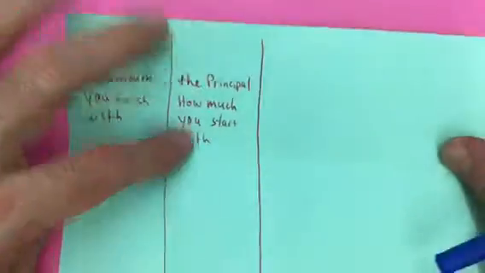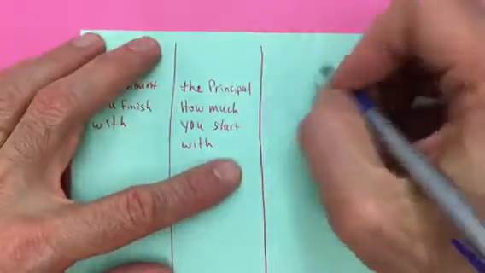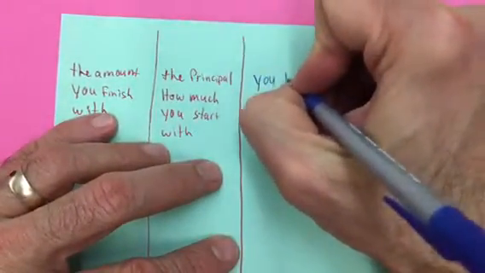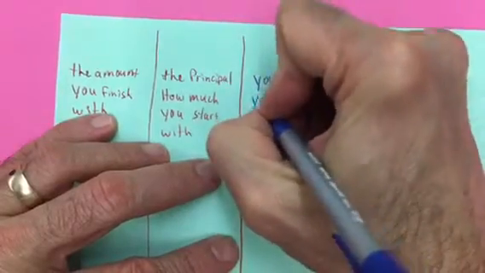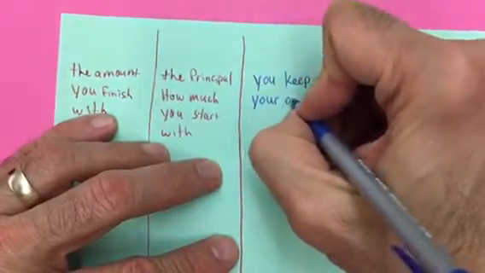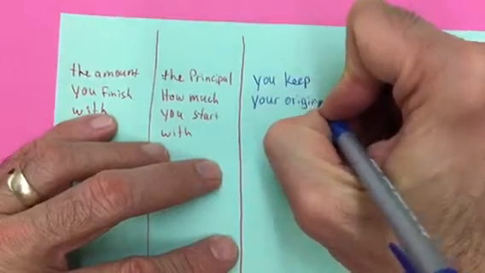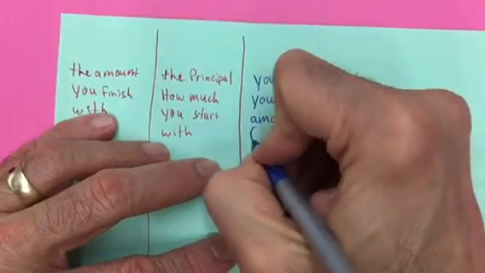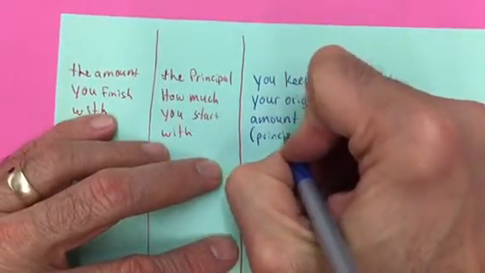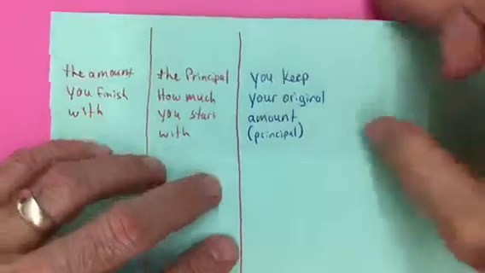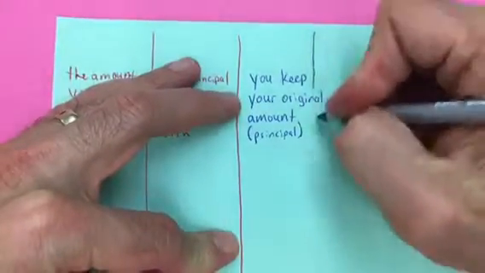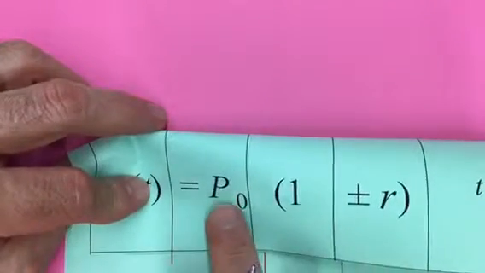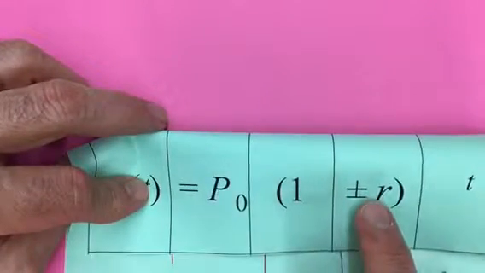This one, you get to keep your money. You get to keep your original amount. That's what that 1 stands for. I get to keep this money once, but I'm going to add something to it.